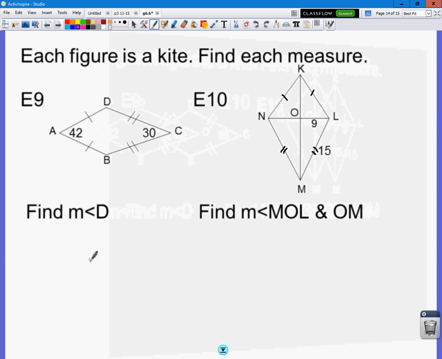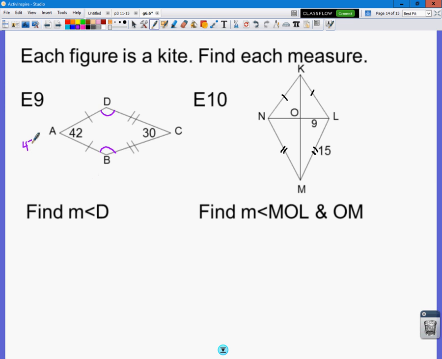Example 9. Notice this time they gave me angle A and they gave me angle C, and all I know is that angle D and angle B have to be the same. How am I going to find these? It has to equal 360 degrees.